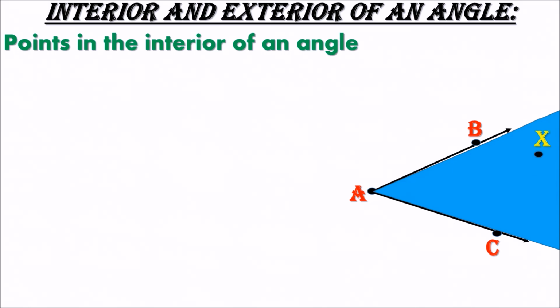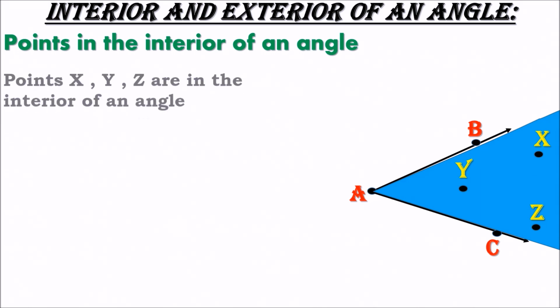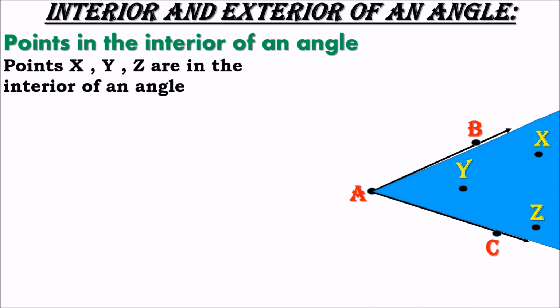Now here we have point X in the interior of angle BAC. Here we have another point Y in the interior, and point Z in the interior of angle BAC. So points X, Y, Z are in the interior of an angle.